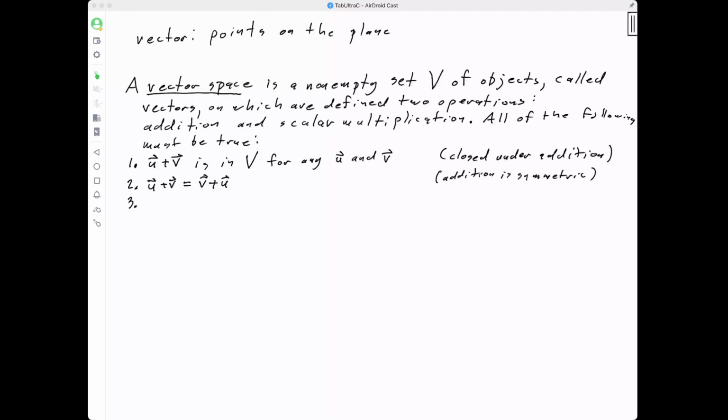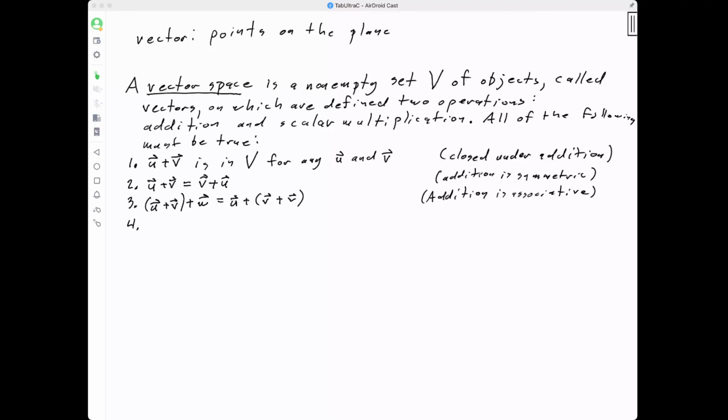The third thing is u plus v plus w has to equal u plus v plus w, grouped either way. So addition is associative. It doesn't matter which addition you do first, you get the same answer.